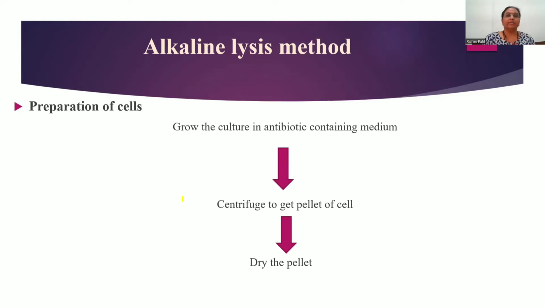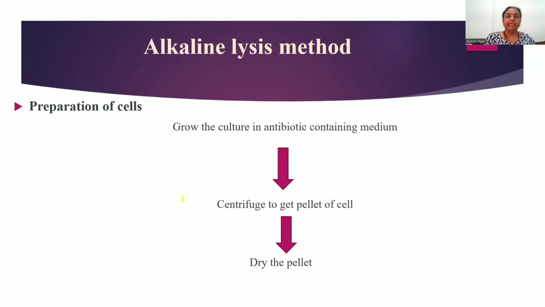If the plasmid is required by the bacterial cell, required by the E. coli, then it is going to retain it. Otherwise, it is going to leave that plasmid. So to retain the plasmids in the bacterial cell, there should be a selective pressure, and that pressure is going to be there in the form of this antibiotic.